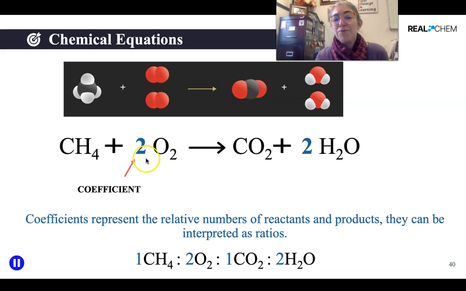These are numbers in front of chemical formulas in order to make sure we have the same number of carbons, hydrogens, and oxygens on both sides of the equation. So here we needed to add a 2 because we had more oxygens in our products than in our reactants, so we needed to add some coefficients to get the oxygens and the hydrogens to balance out.